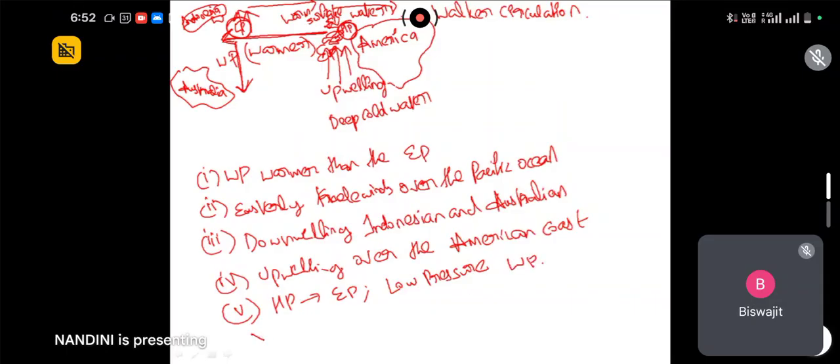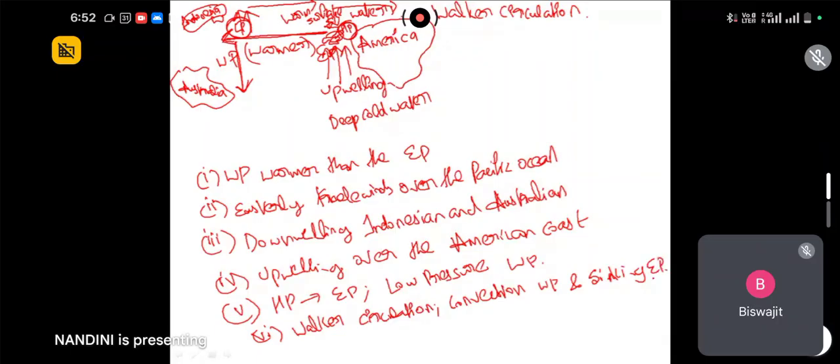And in the atmosphere, we have what is known as the Walker circulation, which basically has convection or upward motion in the Western Pacific and sinking motion in the Eastern Pacific.